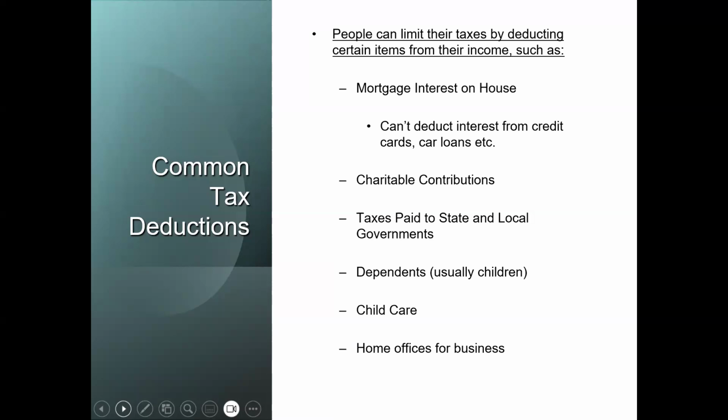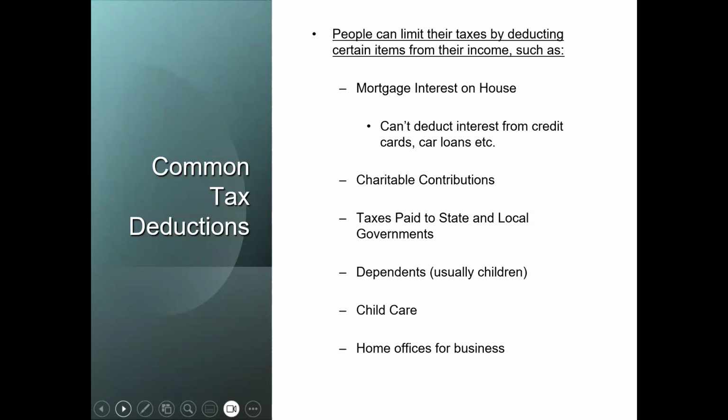But as we can see, if you do find yourself in a situation in which you can itemize, some of the big ones are mortgage interest on your house, your charitable contributions, taxes paid to state and local governments, although this was severely limited by the Trump administration because Democratic states tend to have higher taxes than Republicans, and they wanted to stick it to the blue states.